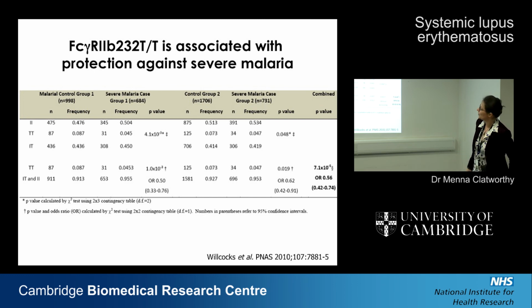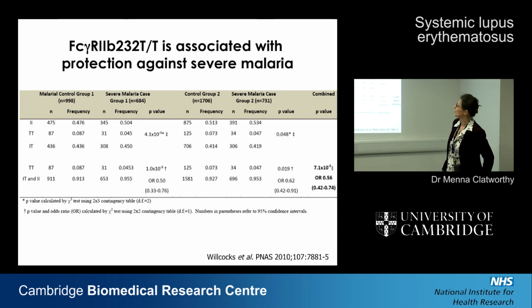If you compare the frequency of TT homozygotes in those with severe malaria and controls, and we did this in a replication cohort as well, you can see that in severe malaria cases the TT homozygotes are underrepresented, about half of them in there. So it strongly suggests that this is protective against severe malaria.